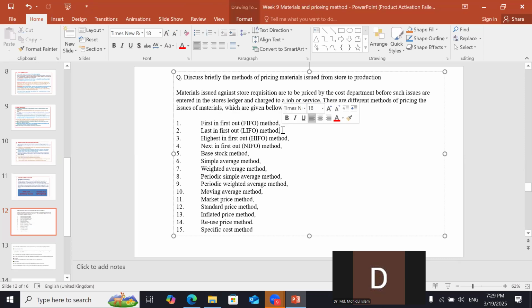IFRS does not ensure the LIFO method, there is no validity according to rules and regulations. But the FIFO method is very popular, even the weighted average method.